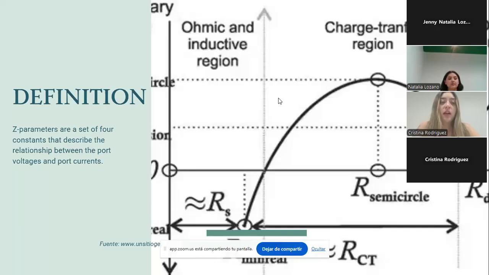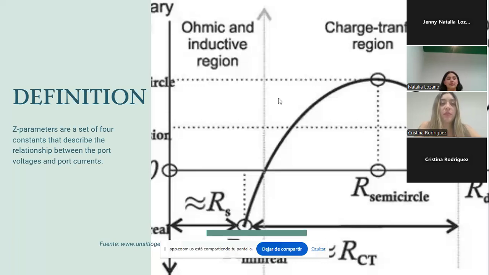Z11 equals R1 plus R2, Z12 equals R2, Z21 equals R2, and Z22 equals R3 plus R2. Notice how Z12 equals Z21, which confirms the network is reciprocal. If R1 equals R3, then Z11 equals Z22, and the network is also symmetric.